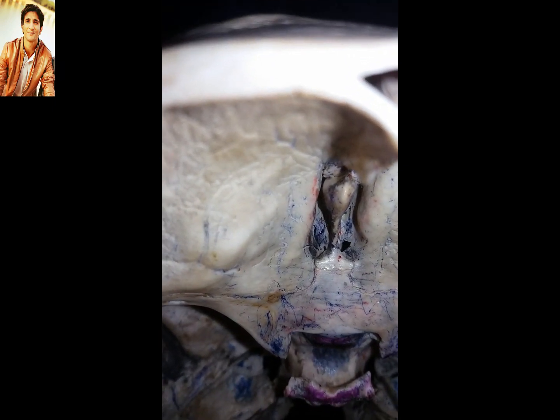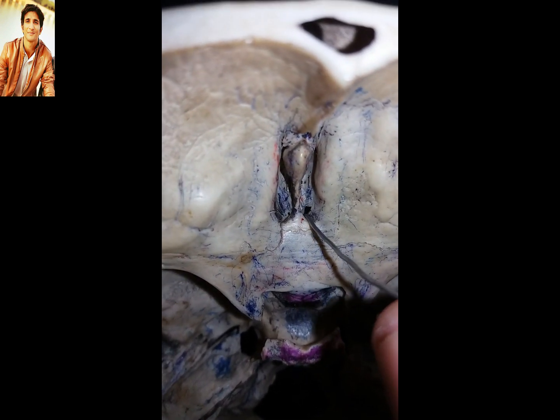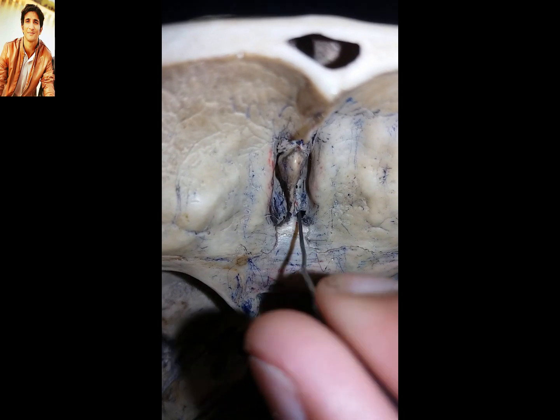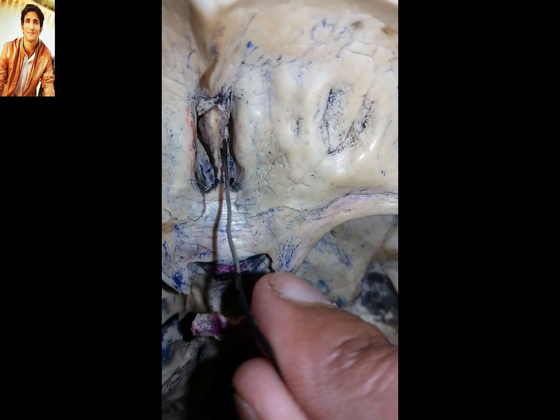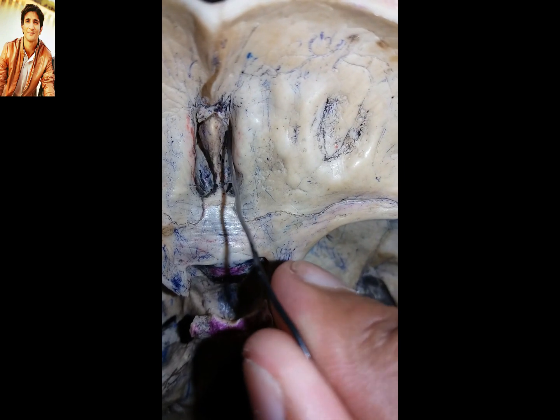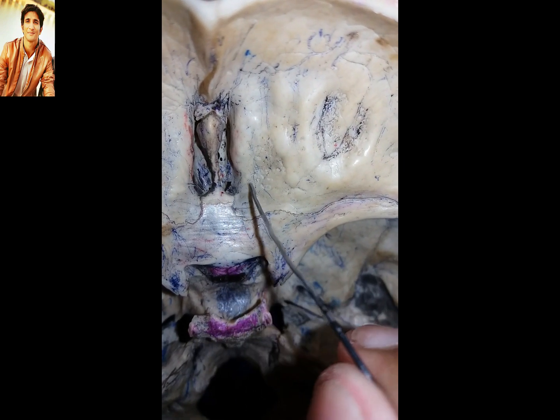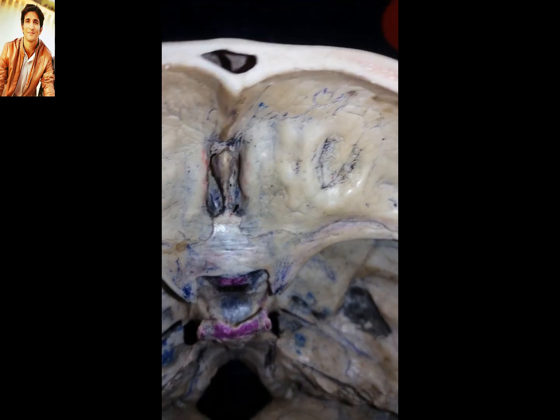If you see the cribriform plate more deeply, you will find the posterior ethmoidal foramen and anterior ethmoidal foramen. These ethmoidal foramina first open into the nasal cavity, then into the orbit.